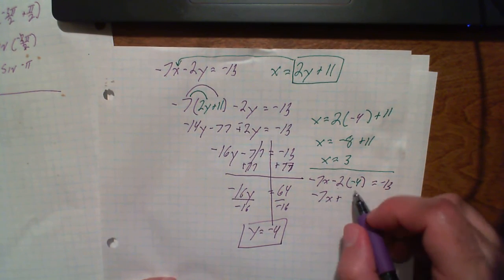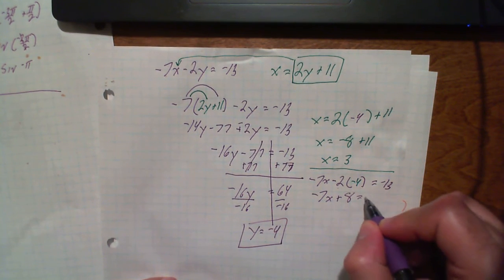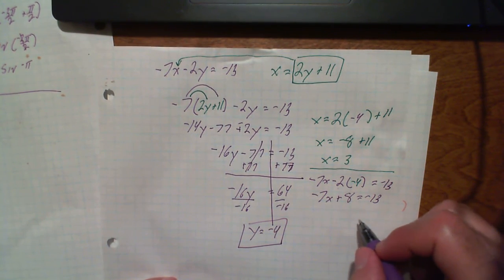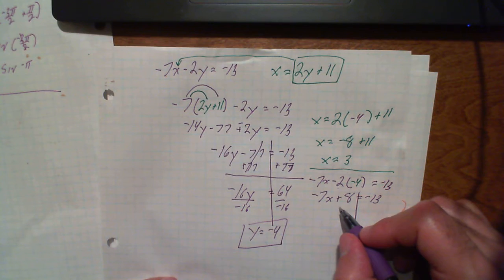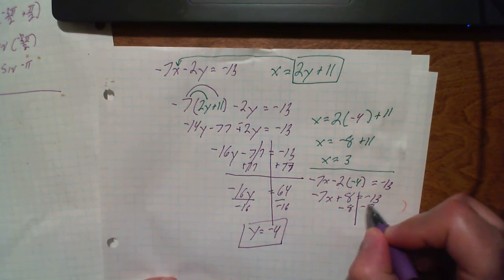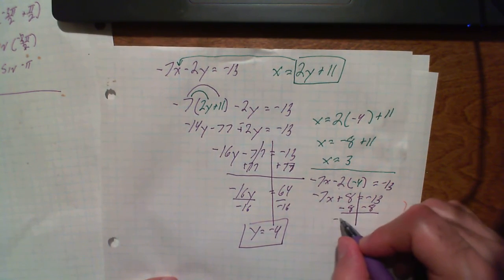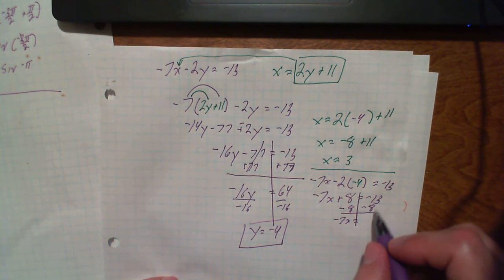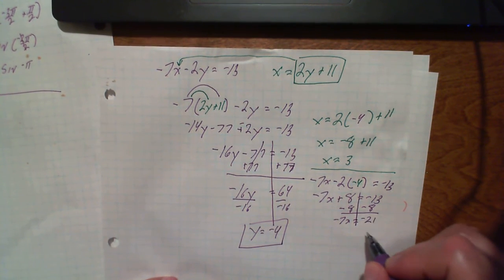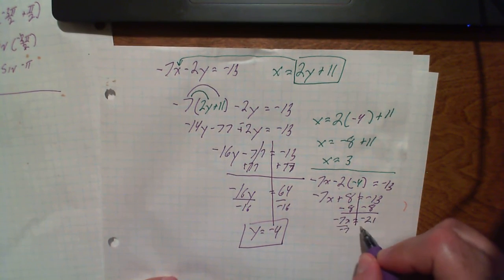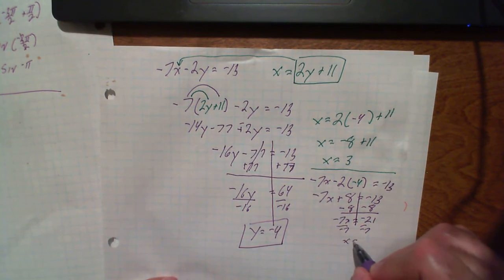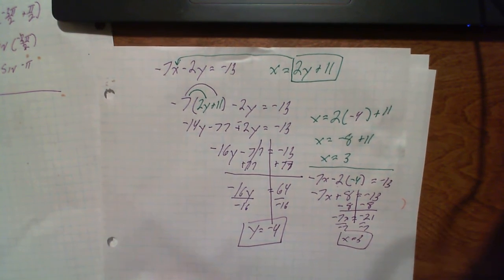Negative 2 times negative 4 is positive 8. Negative 13. So I'm going to subtract 8 on both sides. Negative 7x equals, same sign, so I'm going to add 8 and 13, which would be negative 21. Divide by negative 7. Negative divided by negative is a positive, and I get 3 also.